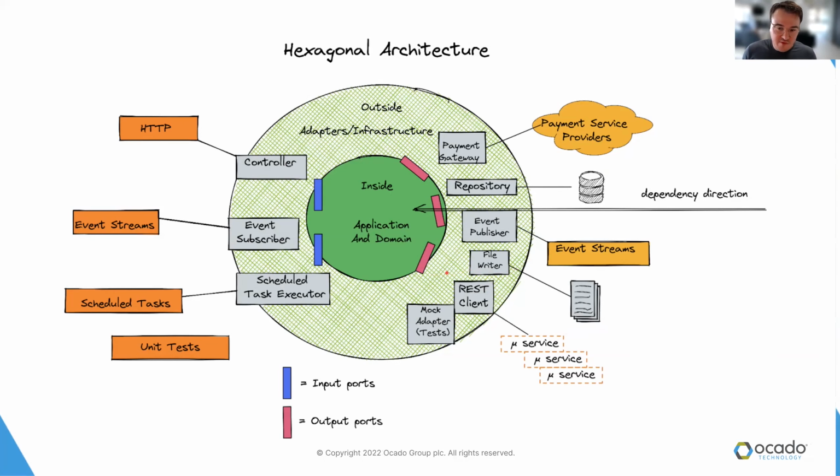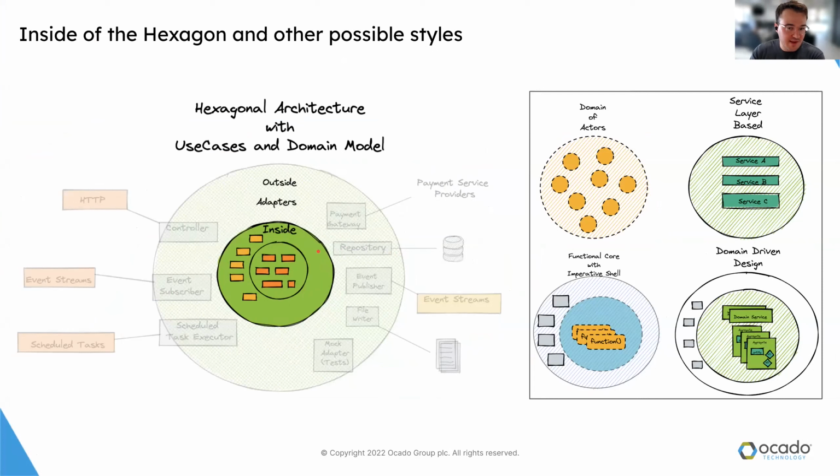So hexagonal architecture is not about placing components. It has nothing to do with domain-driven design, object-oriented, or any other principle. It's just about separating infrastructure from application, from domain, let's say, right? But how are we going to organize our inside? We are going to use the so-called use case and domain model.